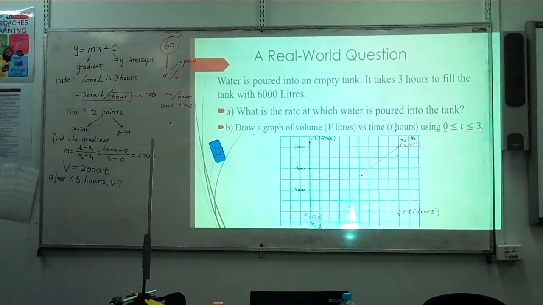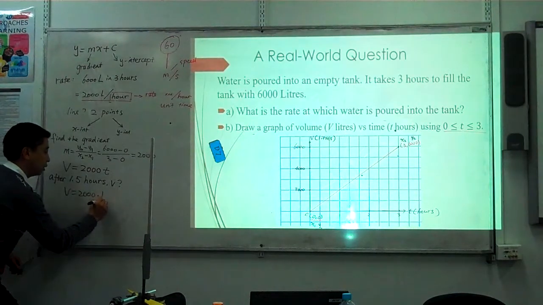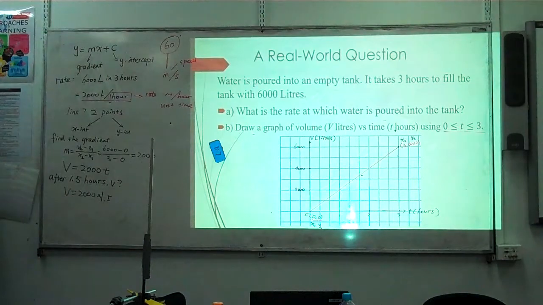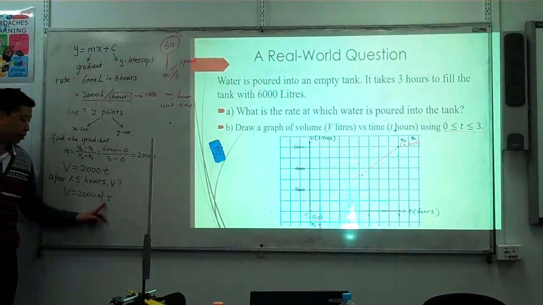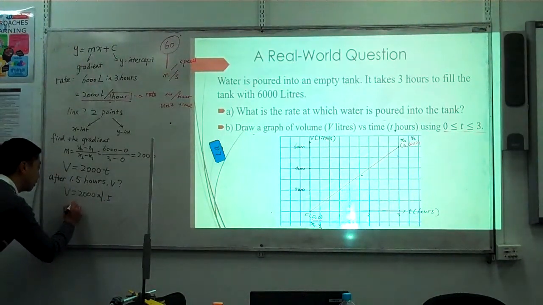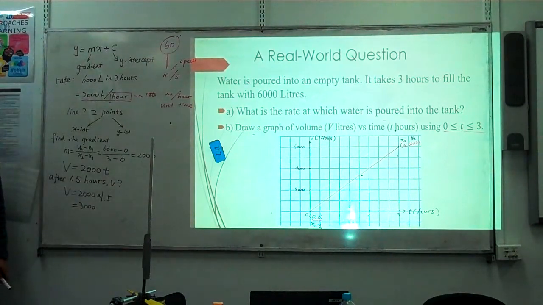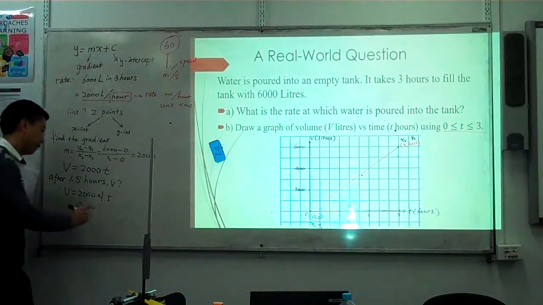It's not difficult, right? 2,000 times 1.5. I recommend you put a multiplication sign between the numbers, otherwise you will have a misunderstanding of the decimal point. So the answer is 3,000 liters.